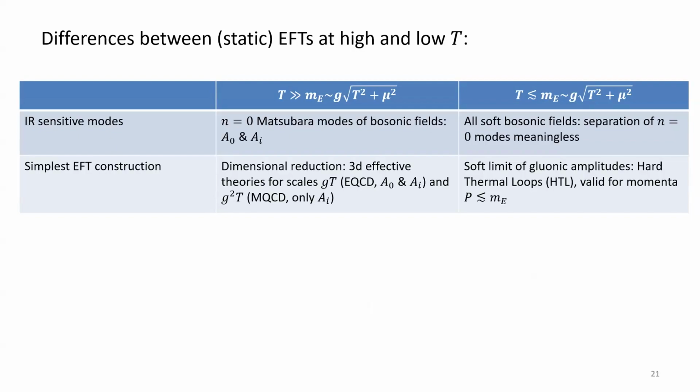answer in this regime. On the other hand, if we are working at low temperatures or even in the T goes to zero limit, then this is not at all where you need to go.